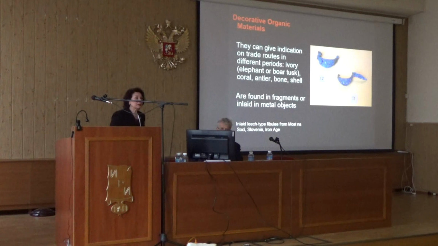Calcium carbonate can be everything, can be ivory of elephant, or boar tusks, coral, antler, bone, shells, so we had to look at them to find out what it was. Well, at the end, it wasn't any of that. It was not organic. It was stone, calcareous stone from Istria.